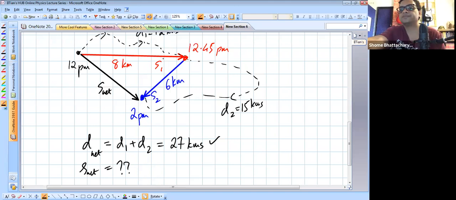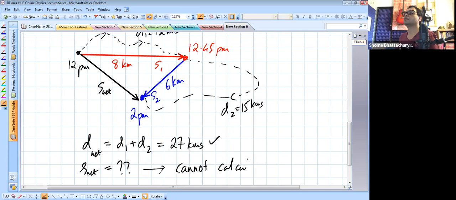Now you can notice, for example, if the angle between the two arrows, the red and blue arrow, S1 and S2, had been 90 degrees, then this would have been the hypotenuse of a right angle triangle. So this could have been 10. But on the other hand, if this was in the same direction like this, then it could have even been 14. Or if it was exactly in the opposite direction and somewhere here, then it could have even been 2. So the thing is, we cannot calculate this from the information given.